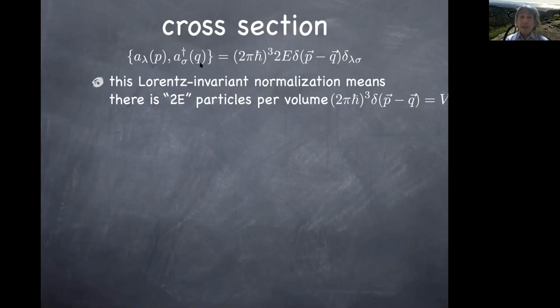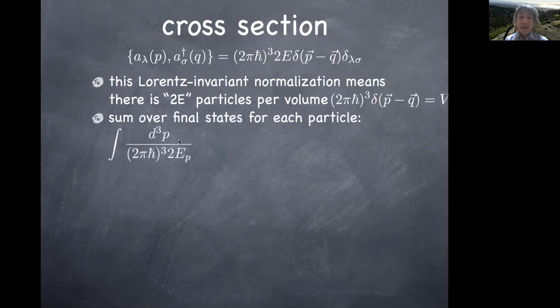So what that means is that in this normalization of the creation annihilation operator, this creation operator actually creates 2e particles in unit volume because of this normalization. We are not using box normalization, so it looks kind of obscure and subtle, but basically that's the meaning of the normalization. So we need to be aware that we have 2e particles per unit volume.